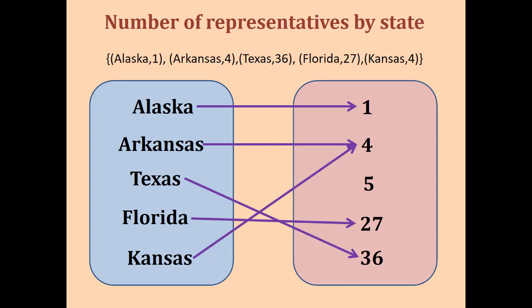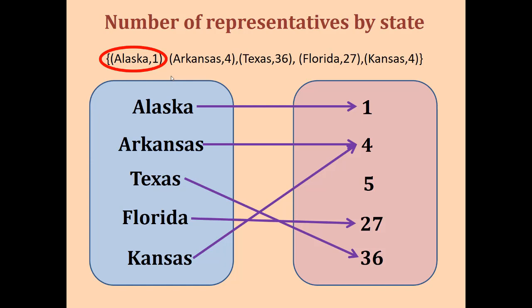Now this is usually represented in mathematics in the thing that we call set notation. So here you see the little squiggly lines that mean the sets, and inside that we have groups of things in parentheses. Notice that here we have Alaska on the left and the number 1 on the right in the parentheses. This is called an ordered pair.